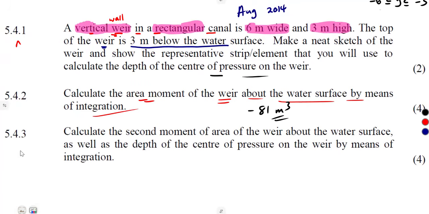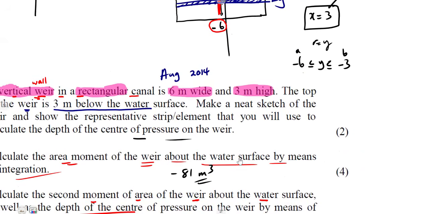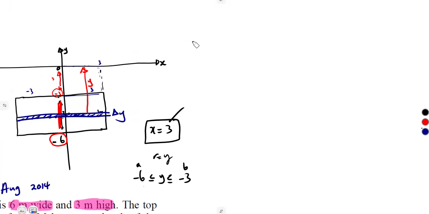Then 5.43: calculate the second moment of area of the weir about the water surface as well as the depth of the center of pressure of the weir by means of integration again. Let us continue, as this one is just a continuation.